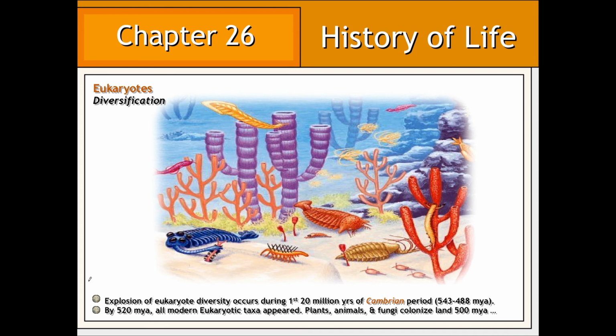500 million years ago, in what is now known as the Cambrian Period, most all of the major groups of eukaryotes appear in the fossil record. And it's during this time that plants, animals, as well as fungi begin to colonize the land.